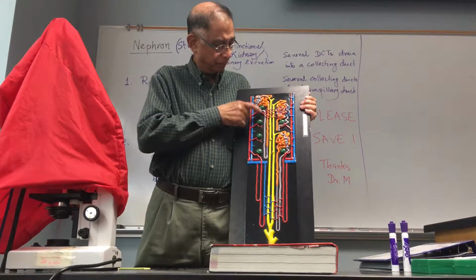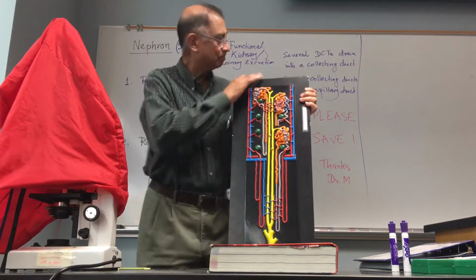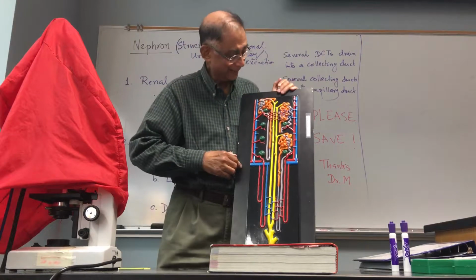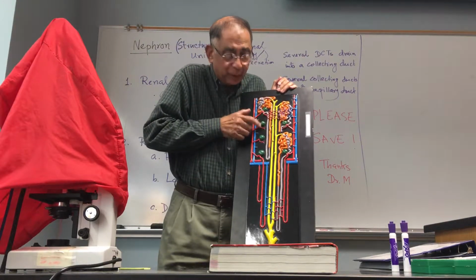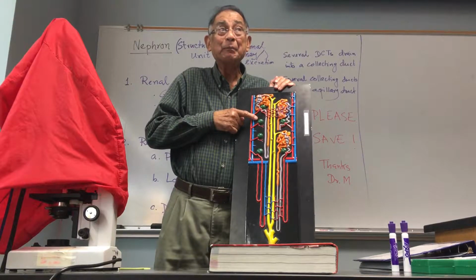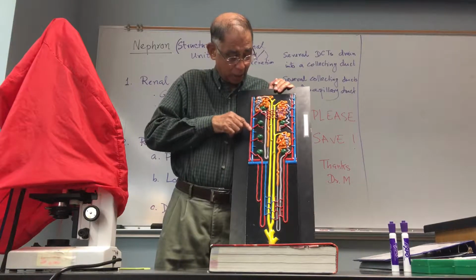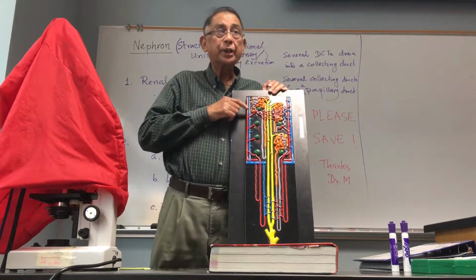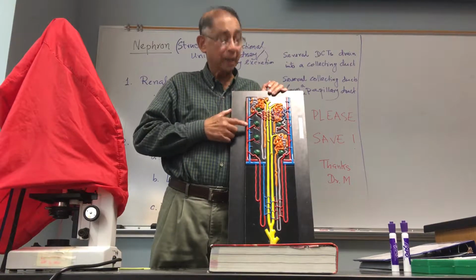These are the Bowman's capsule. Like here, glomerular capsule, Bowman's capsule. Inside the Bowman's capsule, you will see the glomerulus. It's not shown. Okay? Look at this artery called interlobular artery or corticoradiate artery.